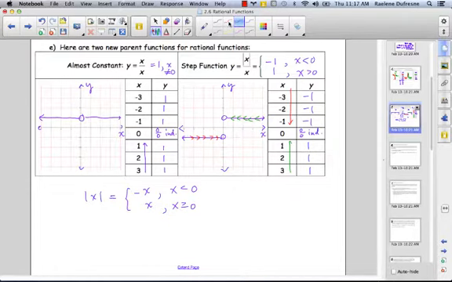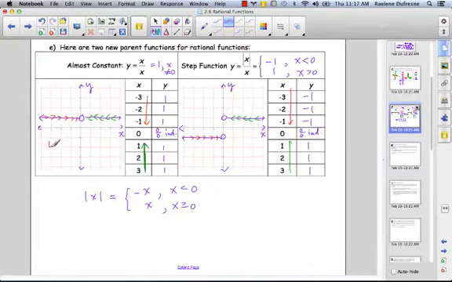Meanwhile, over here, as x approaches 0 from the left, y approaches a height of 1. As x approaches 0 from the right, y approaches a height of positive 1. The left-hand limit and the right-hand limits are the same. So let's just write that in here.